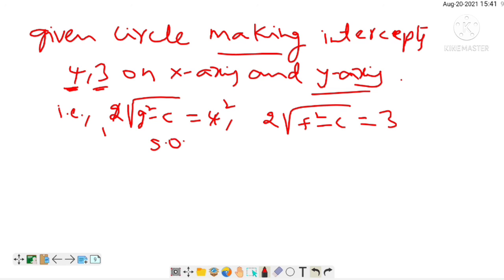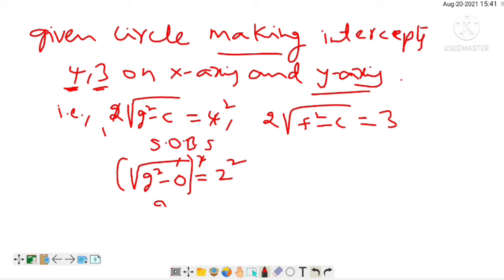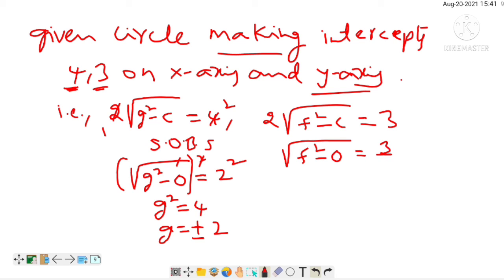Squaring on both sides, g² = 2² = 4, g = ±2. And √(f² - c) = 3/2.